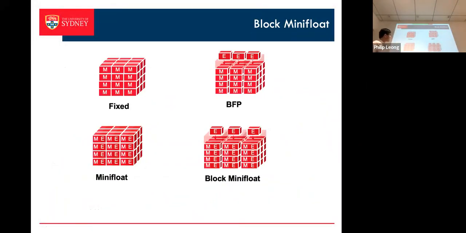So just to summarize, you can have fixed point tensors, which many people have implemented inference with. You can have tensors which are Minifloat numbers, where there's been research using small floating point formats. Block floating point is a format which has been used for many years, which uses a shared exponent and fixed point numbers. And what we're proposing is block Minifloat, which has a shared exponent amongst these small floating point numbers.